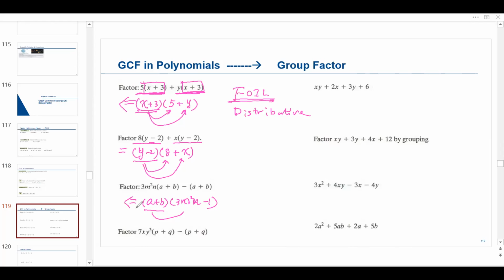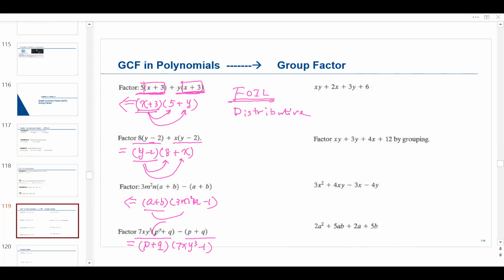For this last one, p plus q is the common factor in these two expressions, the factor. So the rest, right, you can quickly get it backward, get the group factor.